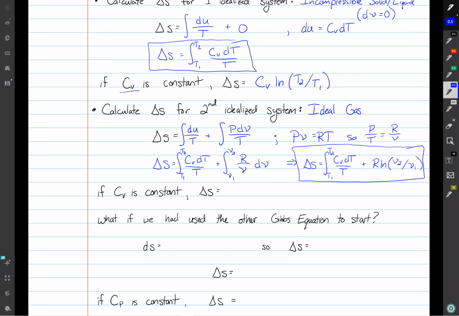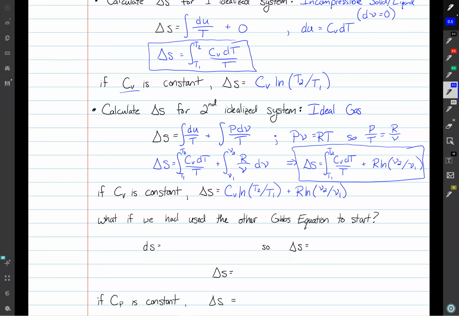Again, this is a special case. We can do a special case of a special case. Lots of equations here, especially for entropy. But if we have a constant heat capacity, which we often do, then we can solve that first integral as well. And we would get another natural log, T2 over T1, plus R times the natural log V2 over V1.